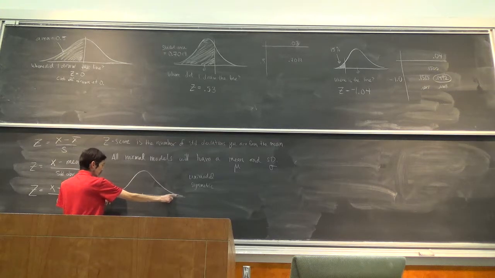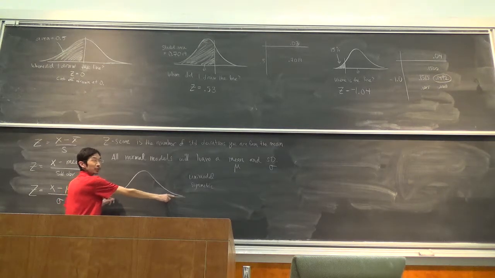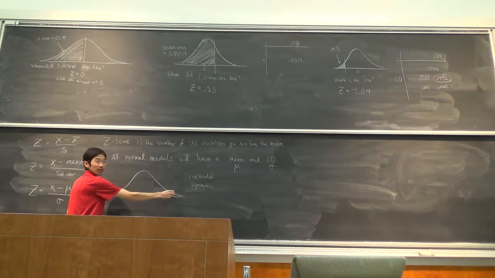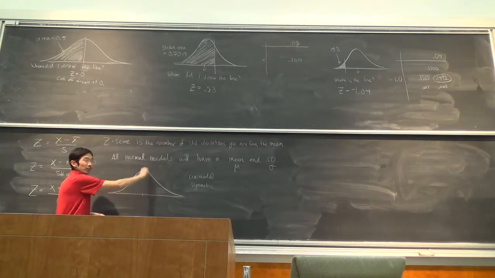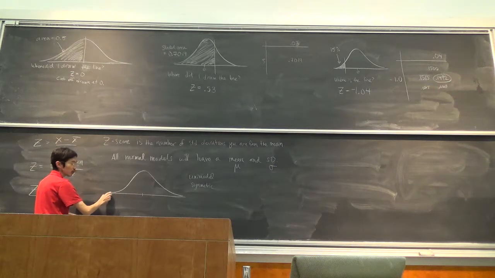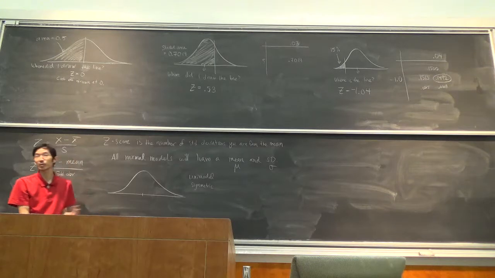Are these points more common, or are these points down here more common? No, they're equally common, right? Because this is about the same height as this is, okay? So these ones around here are the most common values. The ones down here, which means they are lower, are less common, and the ones that are up here are also less common.